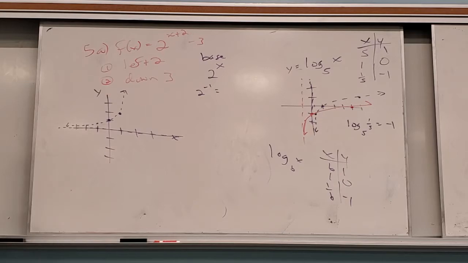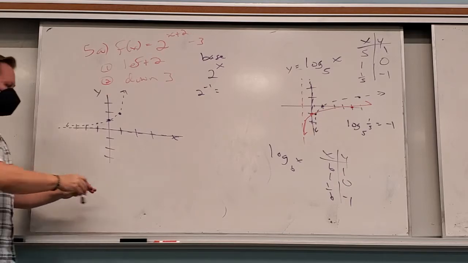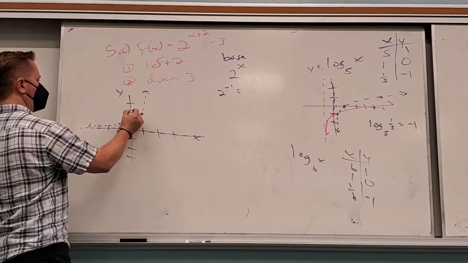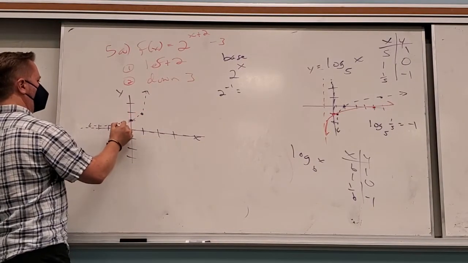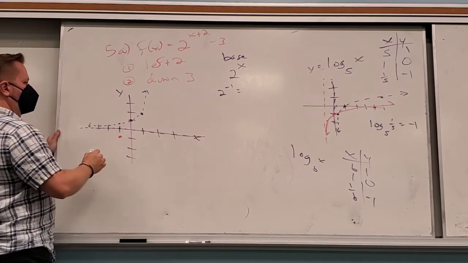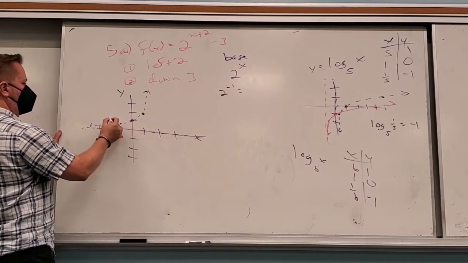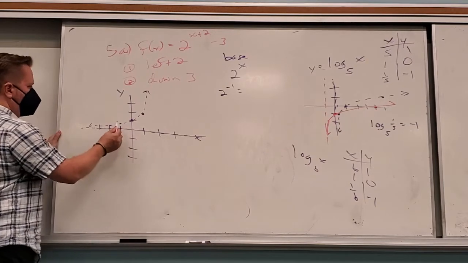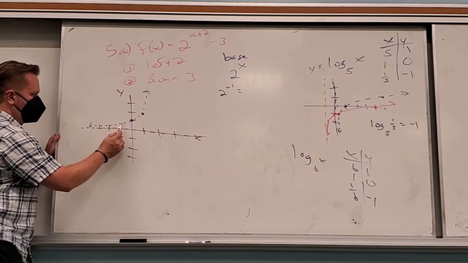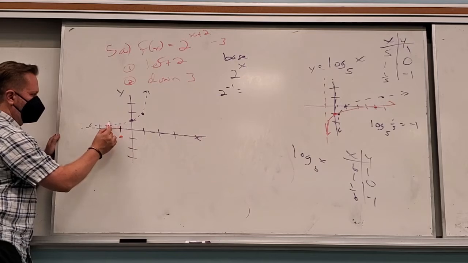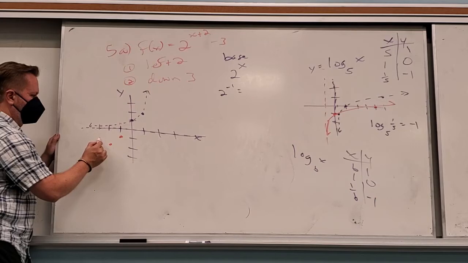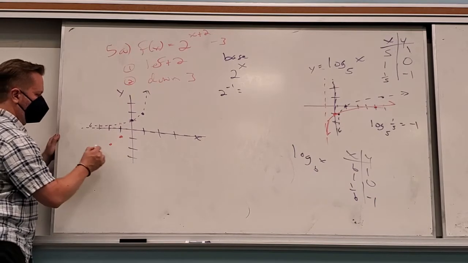You gave yourself some anchor points. So how do I move those? I take one, I move it left 2, down 3. Take this one, left 2, down 3. Take this one, left 2, down 3, halfway.